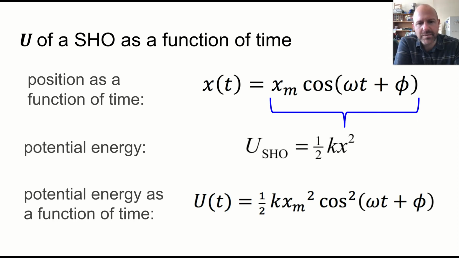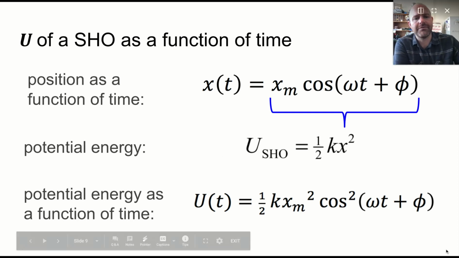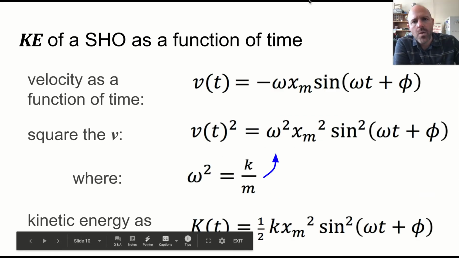So we can plug this in and we end up with U, the simple harmonic oscillator's potential energy as a function of time, is 1/2 k x squared. And the x is going to give you your amplitude, your maximum x value squared, times cosine squared of that phase.